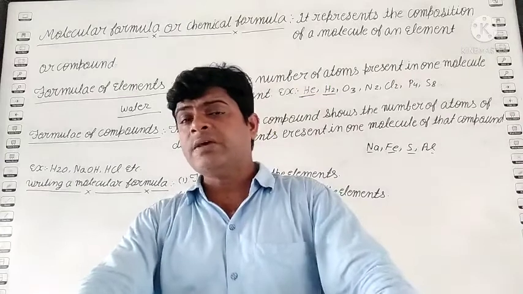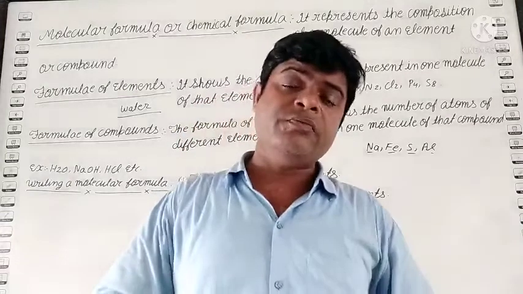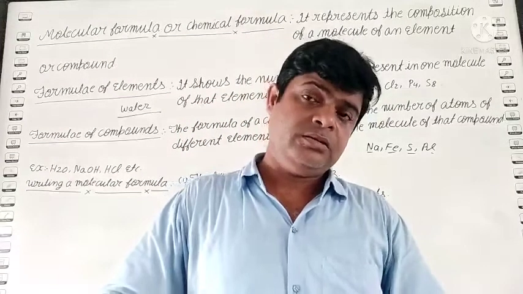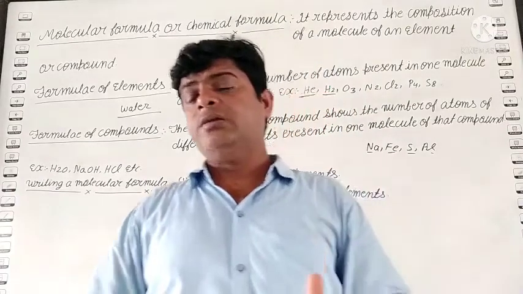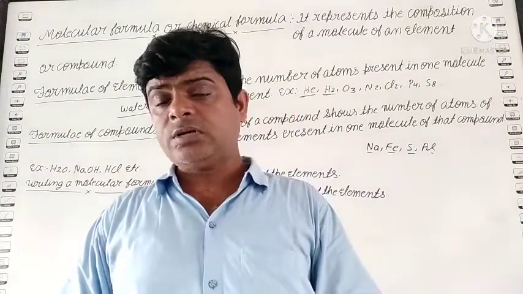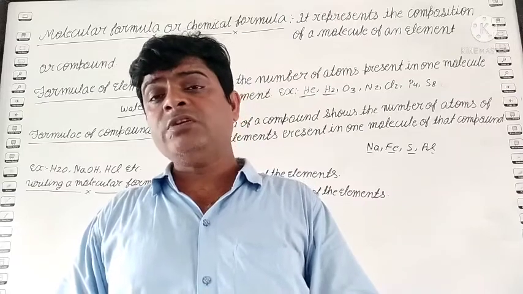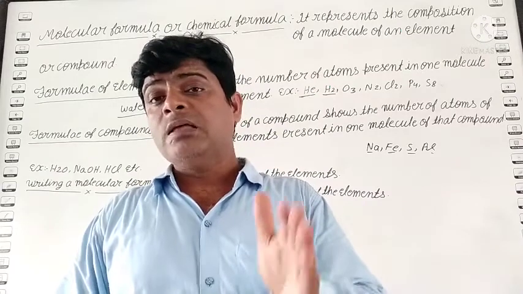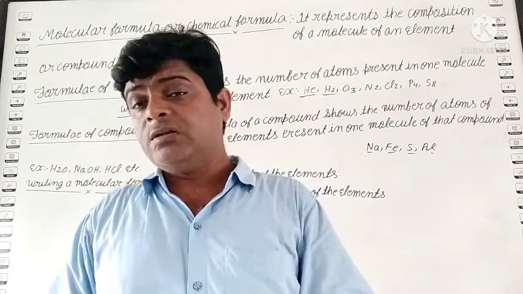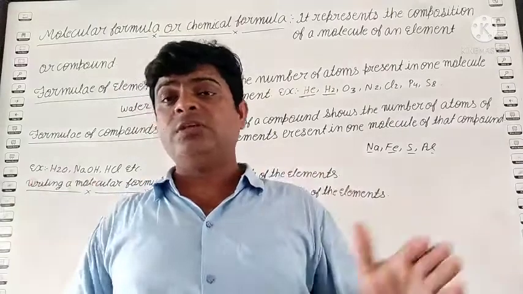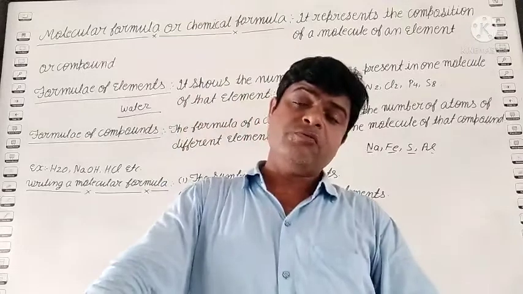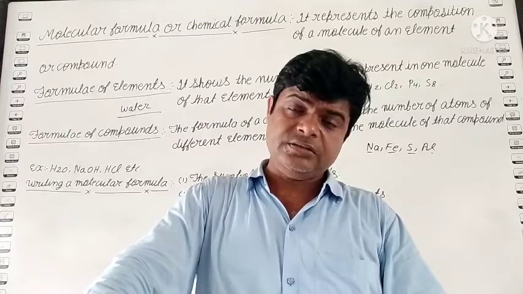It is very important to identify how we find the valency. For the valency, first you learn the atomic numbers. In the next video, we will explain how, with the help of the atomic number, we find the valency: first we distribute the electrons, and after that we write the valency.